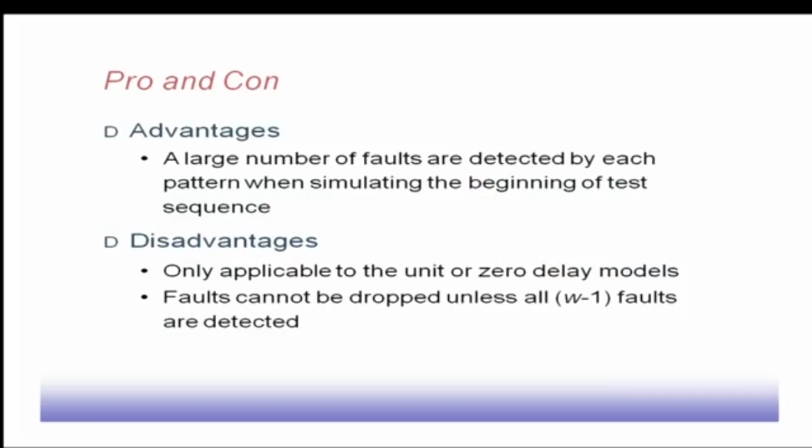If all W-1 faults have been detected, then you can drop them and construct a new word consisting of a different set of faults, which is better. But ideally, fault dropping is difficult.